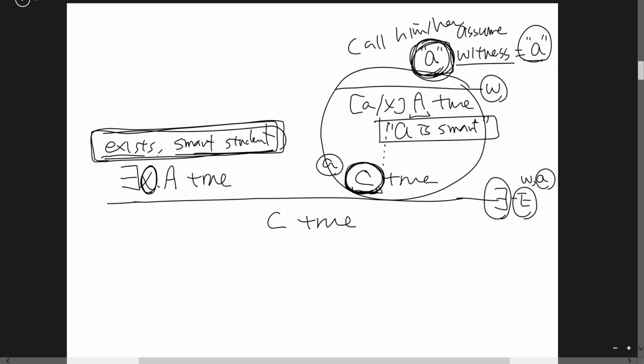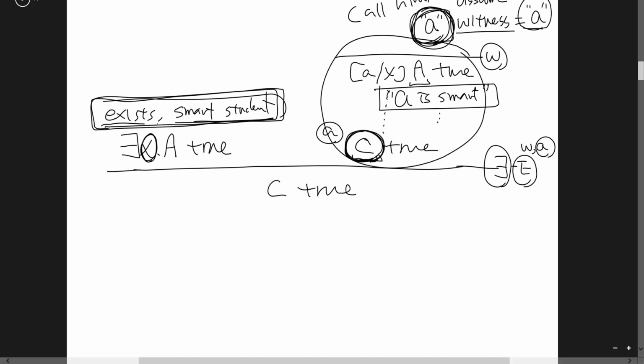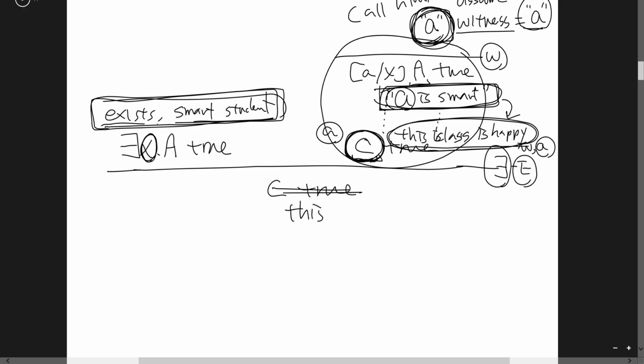So it's just a random, arbitrary student. And then I deduce some fact out of this hypothesis. So for example, then this class is happy. So starting from this hypothesis, A is smart, I deduce another judgment that is irrelevant to A. So for example, this class is happy. Then I can always deduce this class is happy.